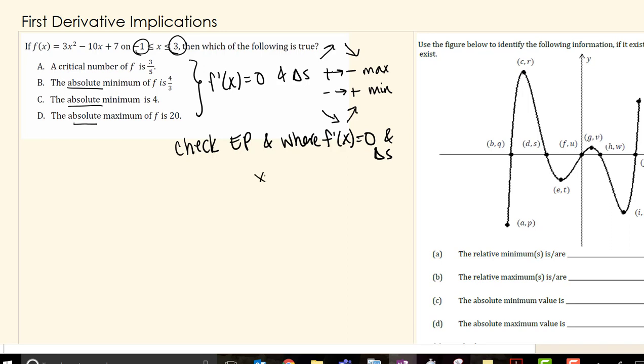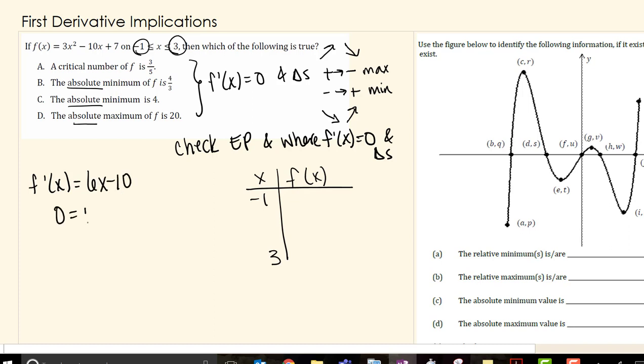So let's get that done. My check table, here's my x, here's my f of x. We're going to check -1, and we are going to be checking 3, and I will get those other values as I go. F prime of x, we're just taking the derivative of that. When I set that equal to 0, I get that x equals 5/3.